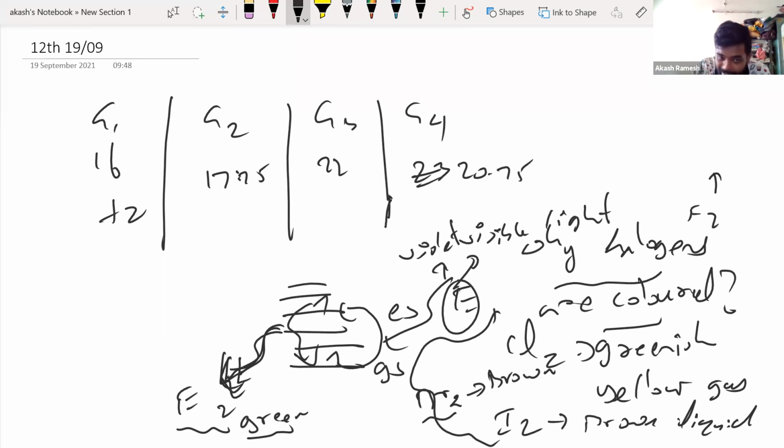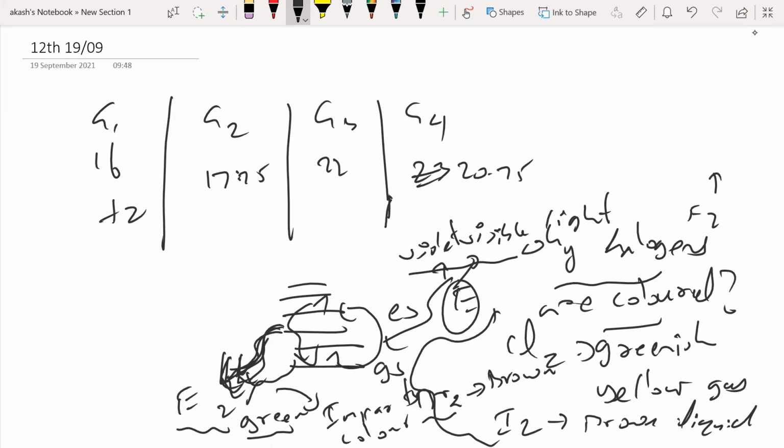When it de-excites, the complementary color of what was absorbed is released. That complementary color imparts the color to the compound. Whatever color you see coming out is the color of the compound. Understood? Yes, sir. Okay, next question to group 2.